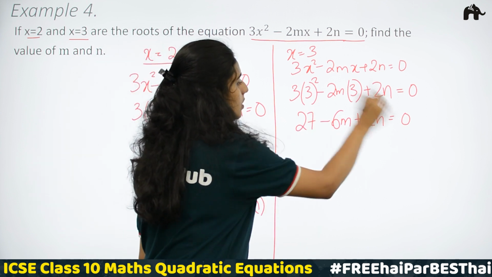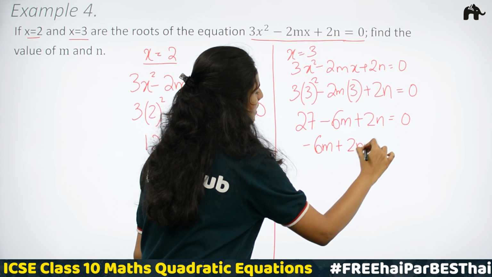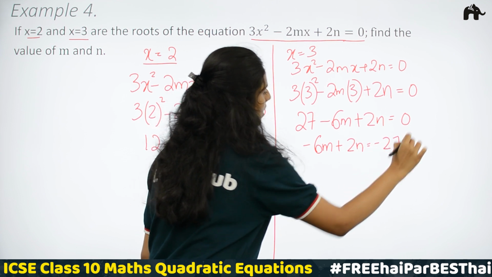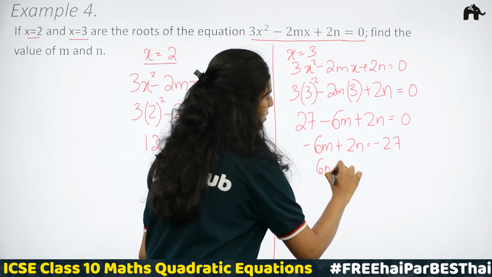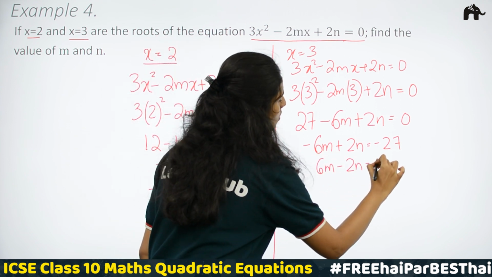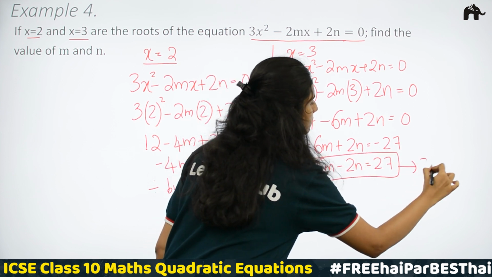Taking this 27 to the opposite side, minus 6m plus 2n equals minus 27. Dividing throughout by negative 1, we get 6m minus 2n equals 27. This is our equation number 2.